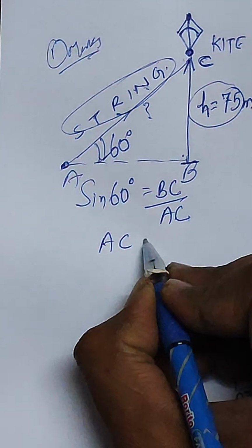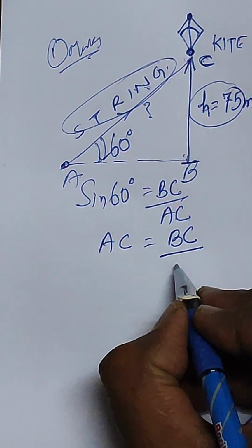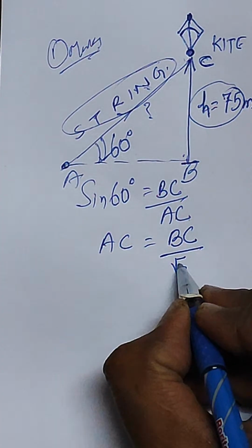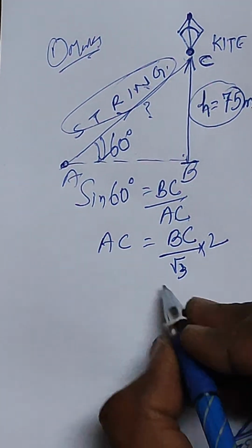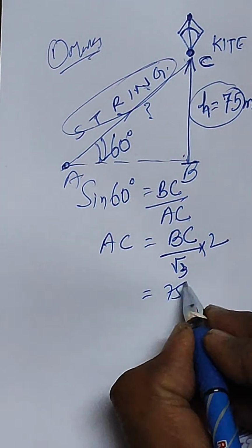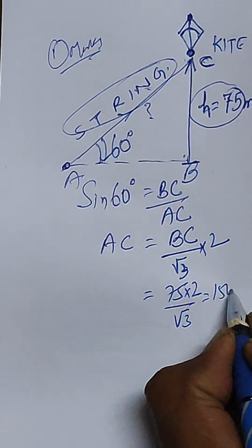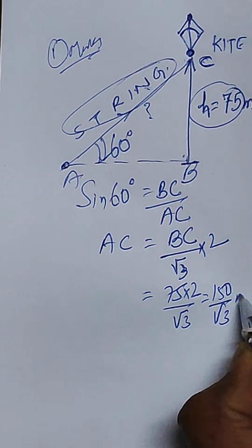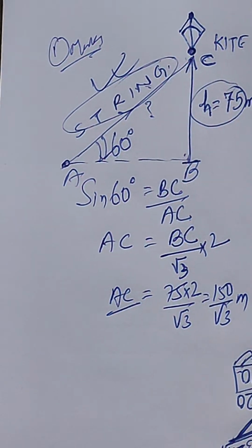So AC can be calculated as BC divided by sine 60 degree, and sine 60 degree is nothing but root 3 by 2, right? And BC is given to you as 75. So it will be 75 into 2 by root 3, which is equal to 150 by root 3, right? So this much of meter is the length of the string. So such questions can be solved very easily, my dear friends.